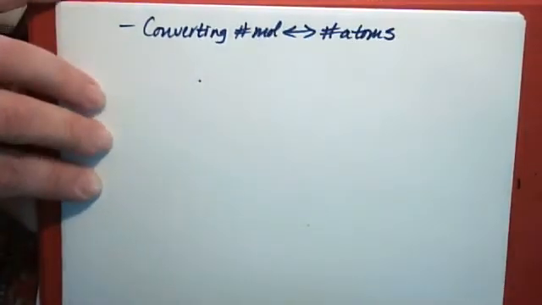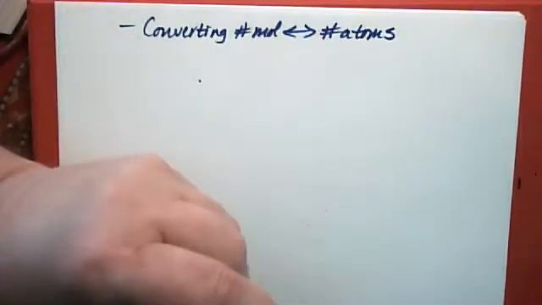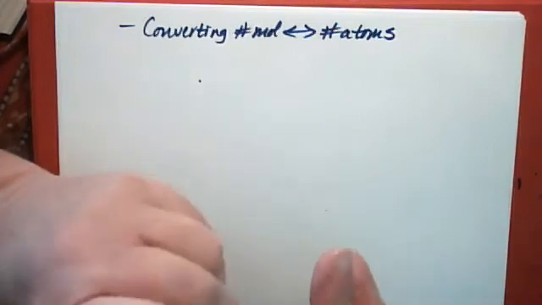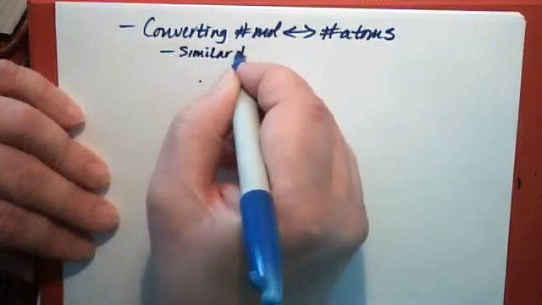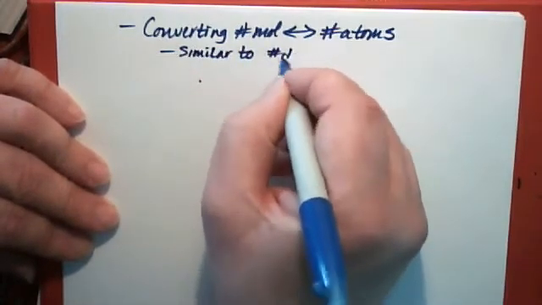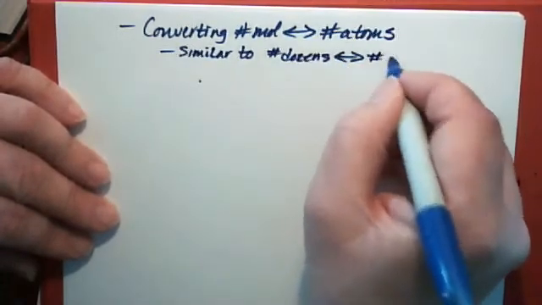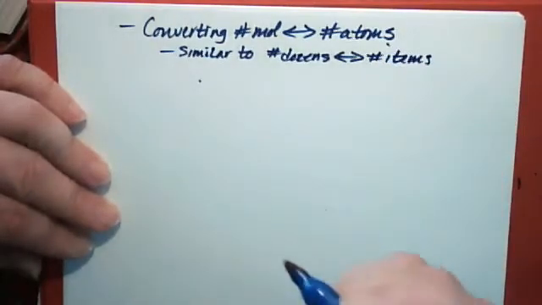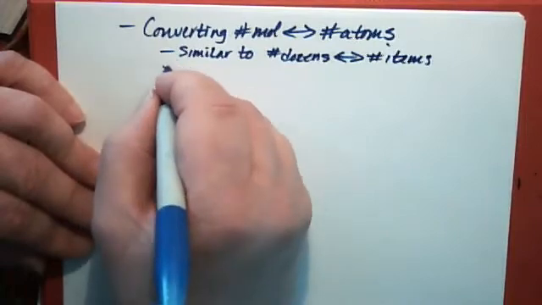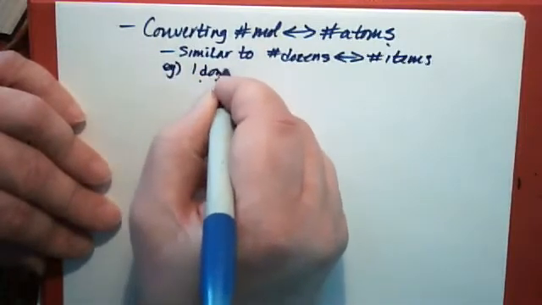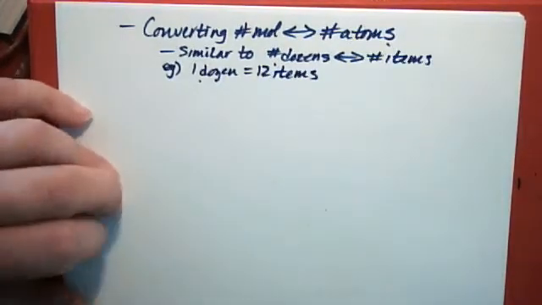So if you want to convert between moles and number of items, it can often help if you think of what you would do if it were a dozen instead. Okay, so we know that 1 dozen is equal to 12 items.